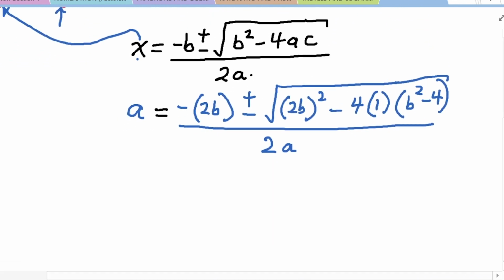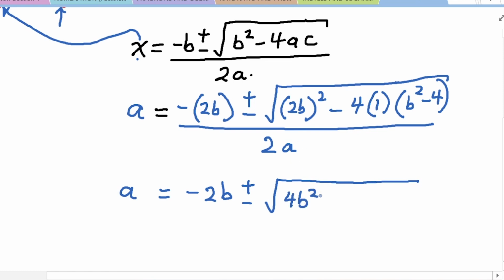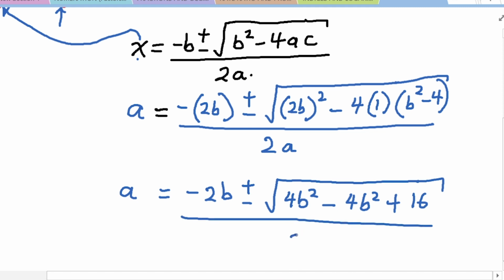So from there, we shall proceed by saying that my value of a is minus 2b plus or minus, let's solve the things in the brackets. This is going to become 4b squared minus 4b squared, we are opening brackets, plus 16, divide all that by 2a.